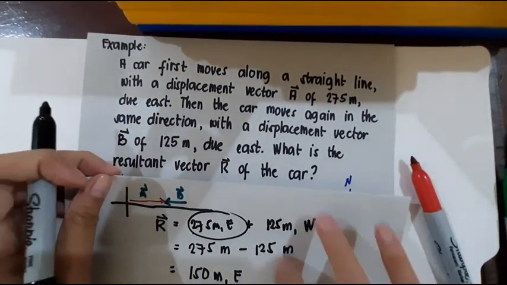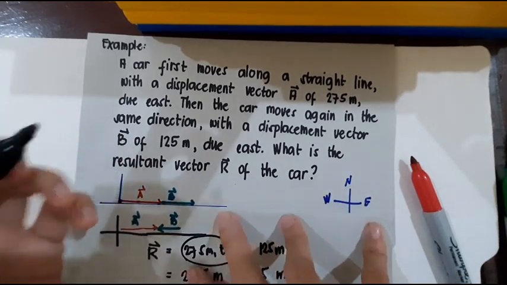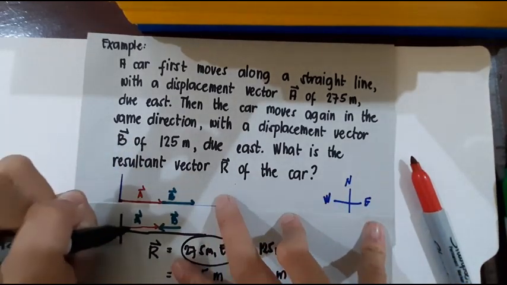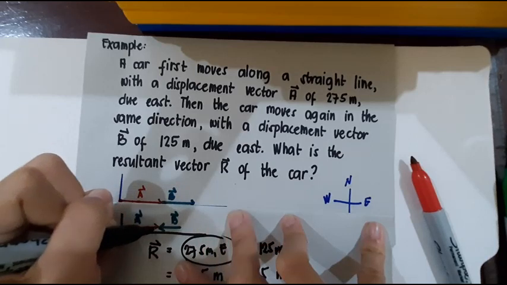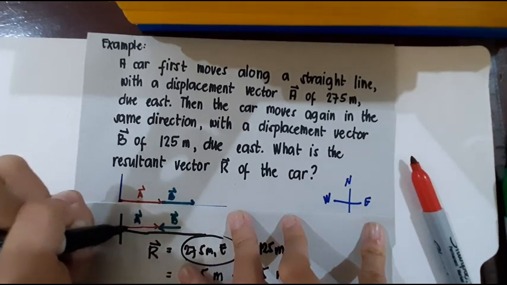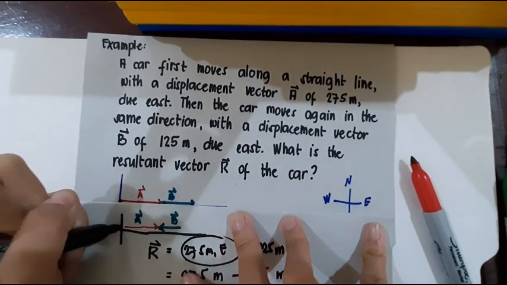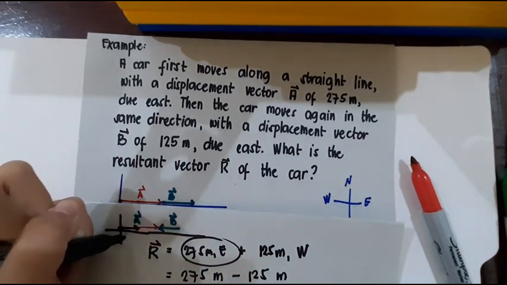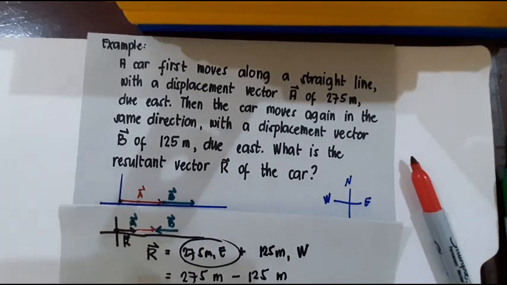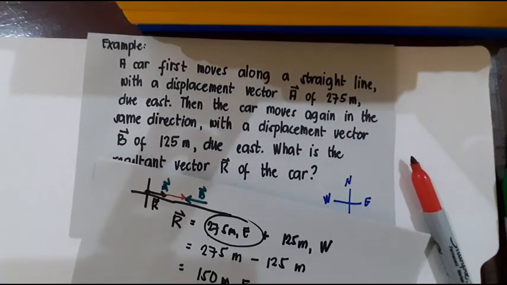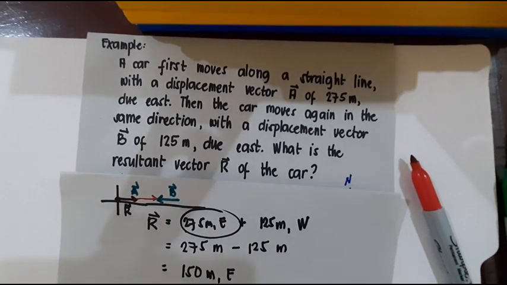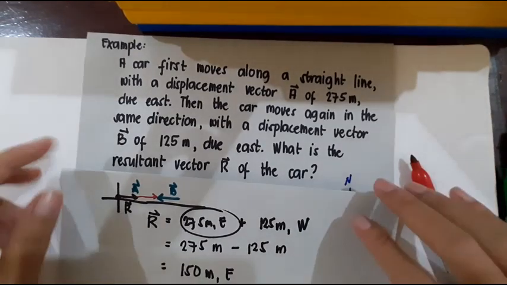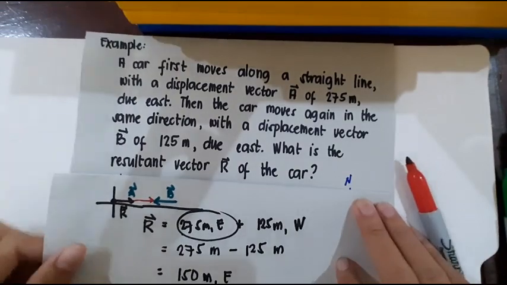You can imagine it: when A goes this way and then goes back 125 meters, it is still going east from your origin. So this 150 meters is now your resultant vector R. Just follow the direction of the given with the higher value.